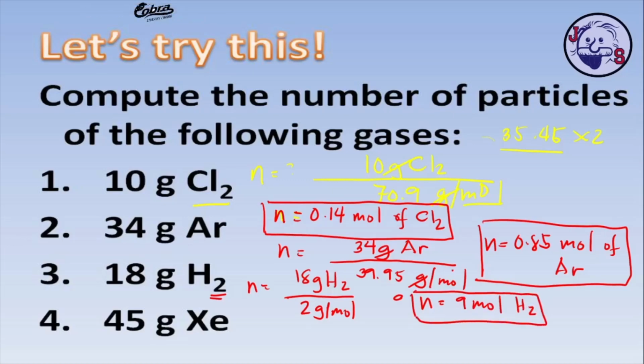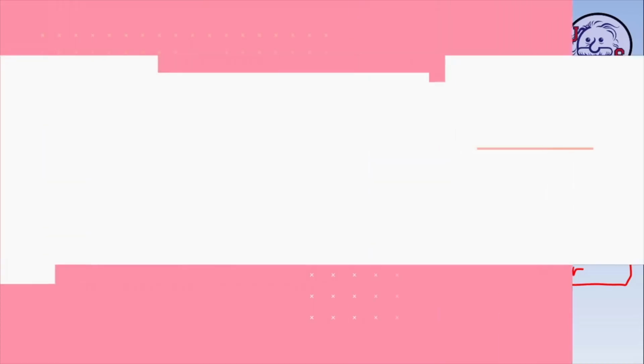So for the fourth and final sample problem, we have the xenon. Fortunately enough for us, xenon does not exist in diatomic form. So N is equal to 45 grams of xenon over the atomic mass of xenon.